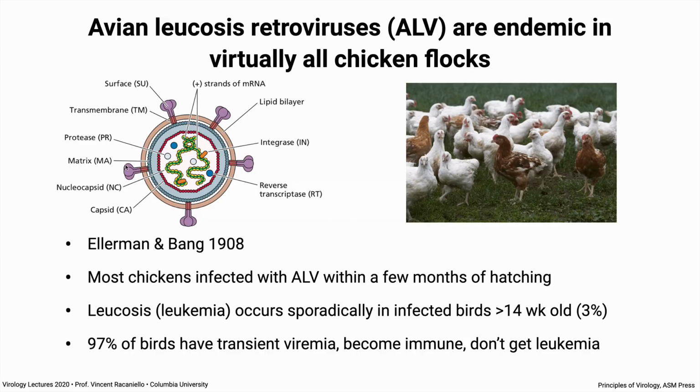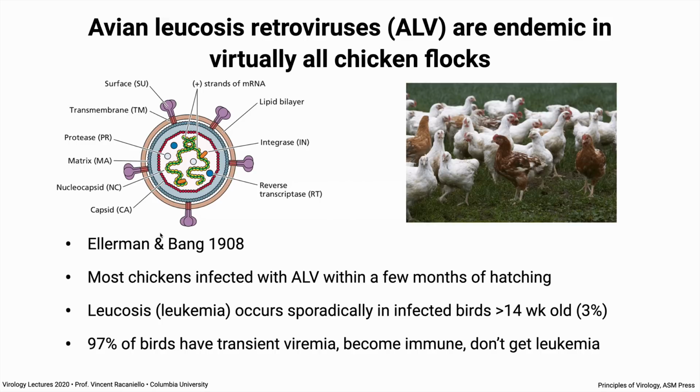So here is a Rous sarcoma-like virus or an avian leucosis-like retrovirus. These are enveloped viruses with envelope glycoproteins. They have a capsid which contains 2 copies of the RNA genome. And of course, the particle also contains reverse transcriptase and integrase and protease.